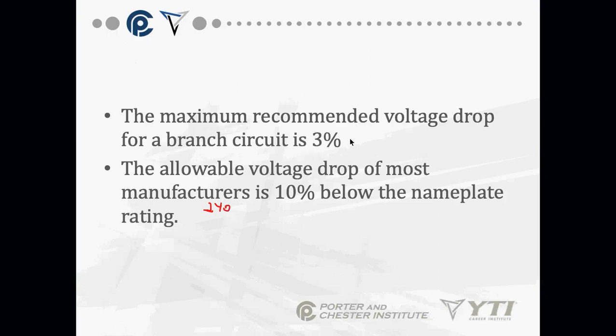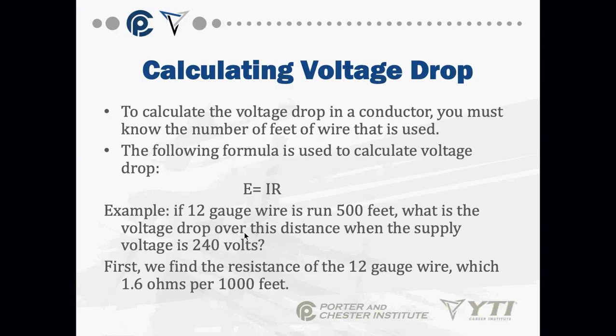Is it a good idea? No. Because if the circuit has a voltage drop of 3%, and my power company is also allowed to drop 5 to 10%, I could be way outside what the allowable voltage is. So we don't want to have a large voltage drop. This can really cause you problems as a service tech.